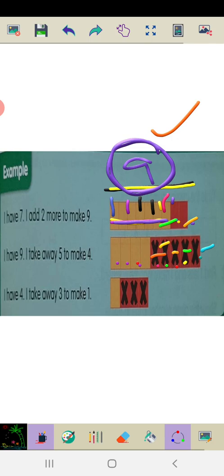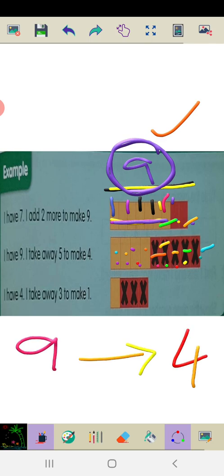So how many boxes are left? Count the yellow boxes. Those boxes are left. So these boxes are 1, 2, 3, 4. So 9 becomes 4. Initially 9 boxes were there. So it becomes 4 as a new number.